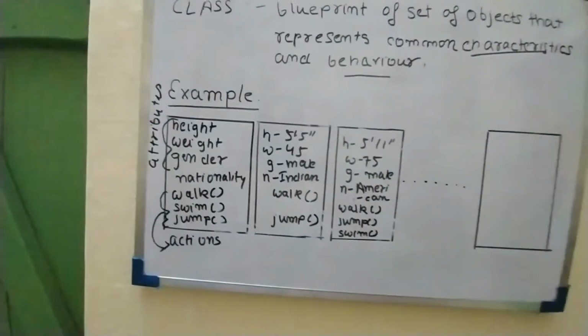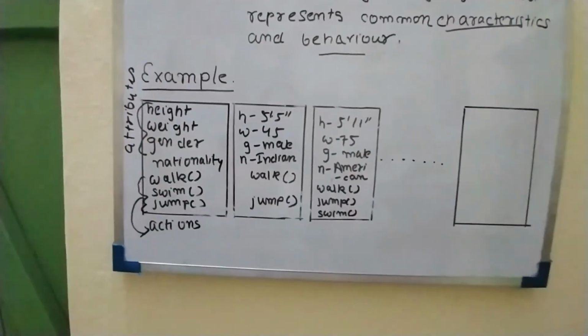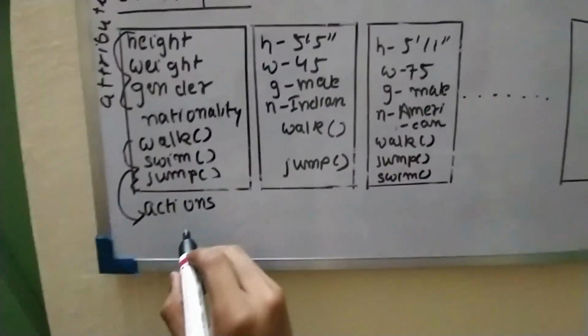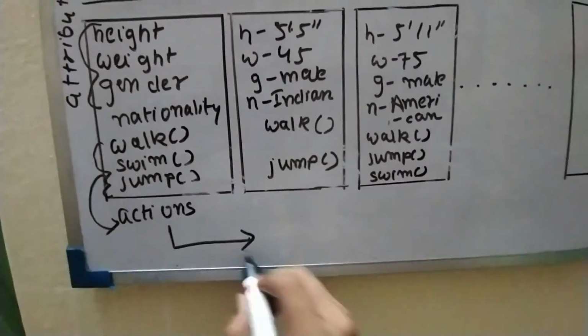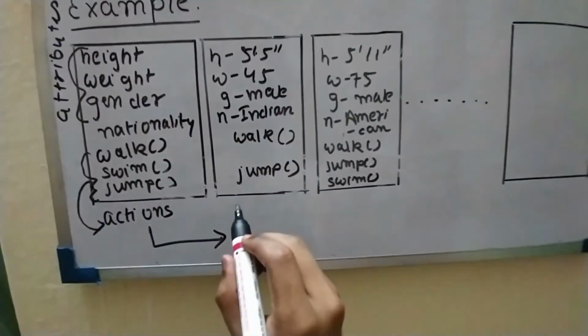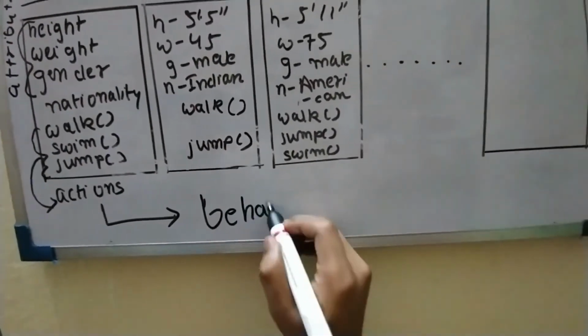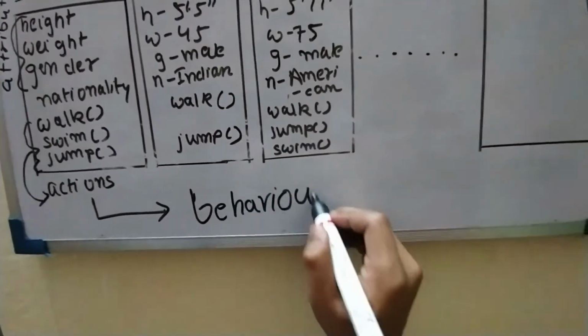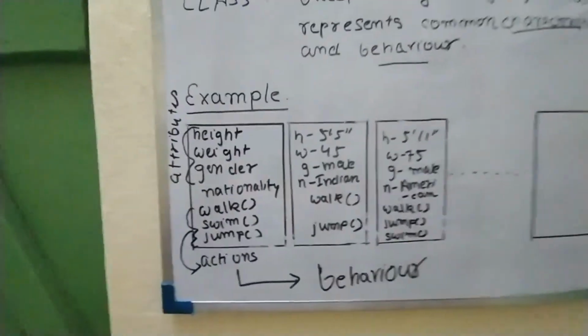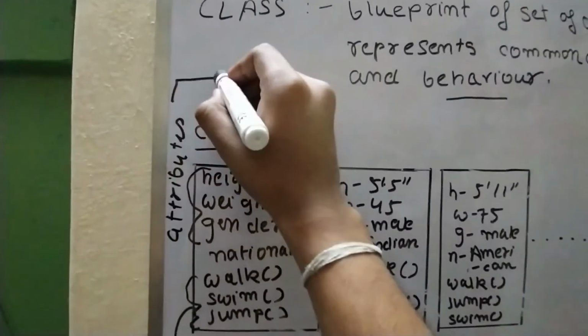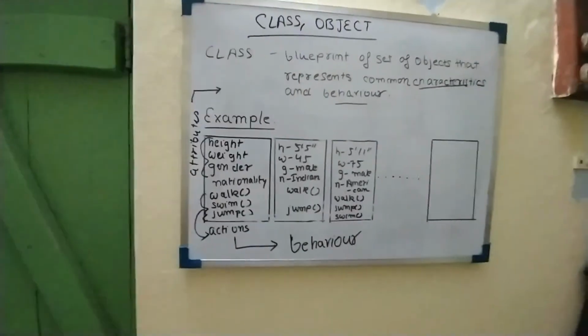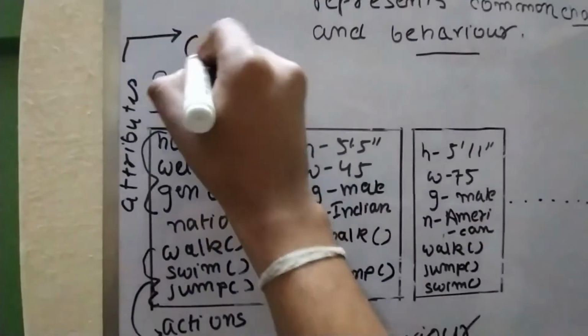These are attributes and these are actions. Now, all these actions are basically behavior. And all these attributes are basically characteristics.